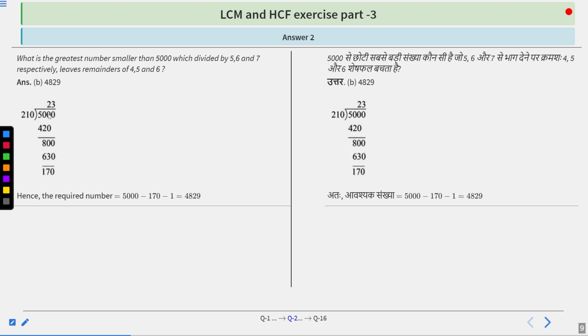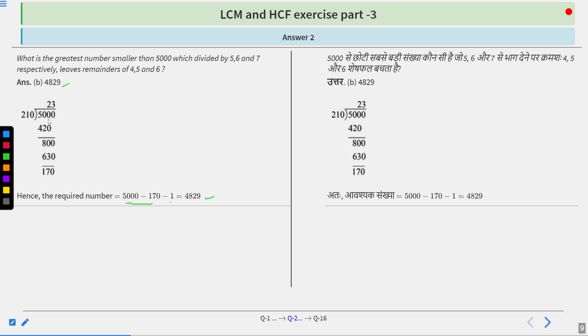So dividing 5000 by 210, we get 23 as quotient and 170 as the remainder. But the number should be smaller than 5000, so 5000 minus 170. But according to formula 1.2, we have to subtract the difference also, that is minus 1, to get the required number. So the required number is 4829. Option B is the correct answer.